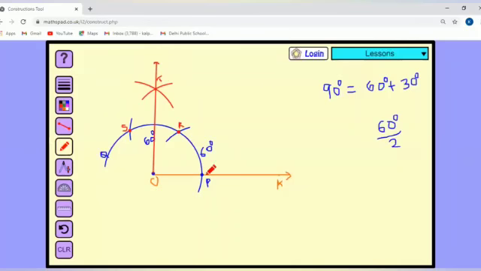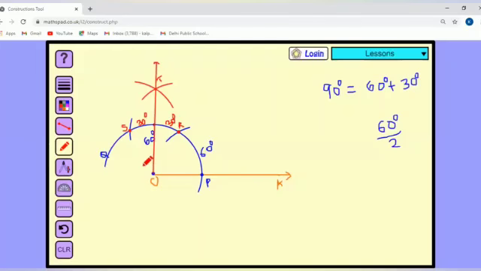Now check the angle formed, because this 60 you bisected into 30 degrees and 30 degrees. So the total angle formed here is from this point to this point, which is 60 plus 30, 90 degrees.